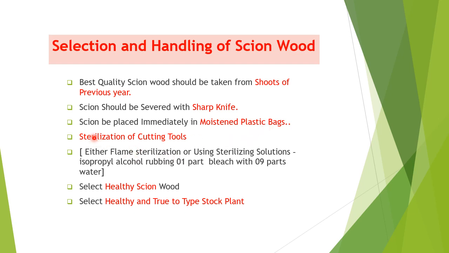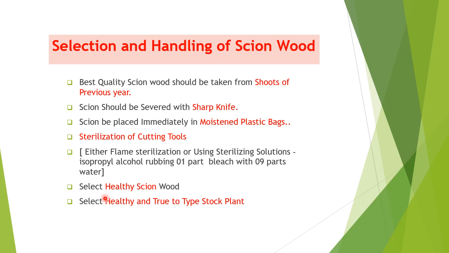And then you have to sterilize the cutting tools. The sterilization can be done with flame sterilization, or you can use sterilizing solutions like isopropyl alcohol. And also you should select a healthy scion wood. And one more thing, you have to select a stock plant which is healthy and true to its type.